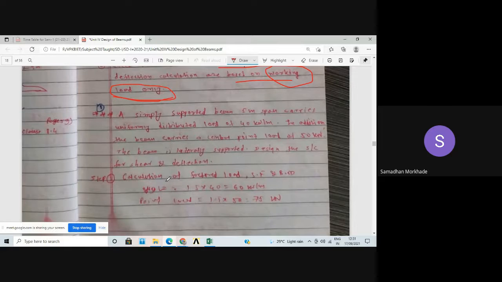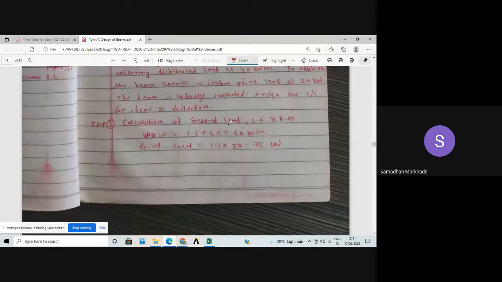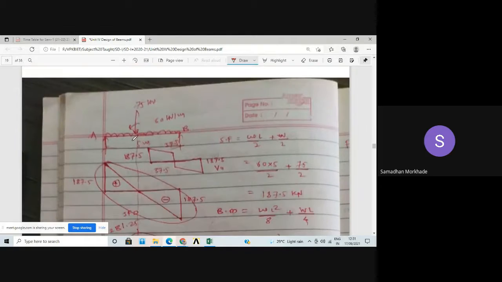Okay. So step number 1, calculation of shear force and bending moment. First of all, factor the UDL: 1.5 into 40. So your factored UDL is 60 kilonewton per meter. Now point load, 1.5 into 50, it is 75. Factored point load is 75 kilonewton. So your situation is like this.